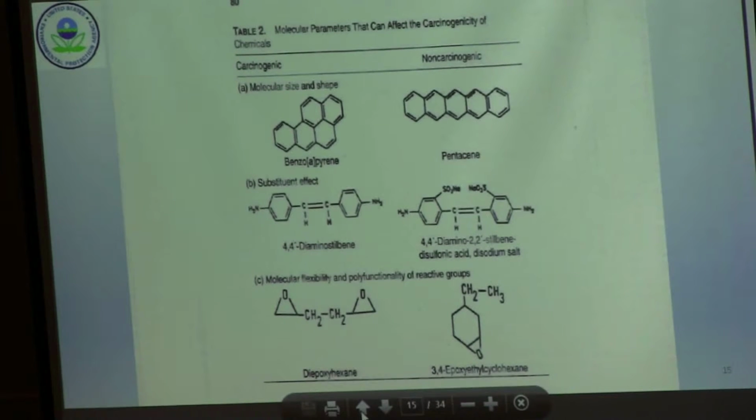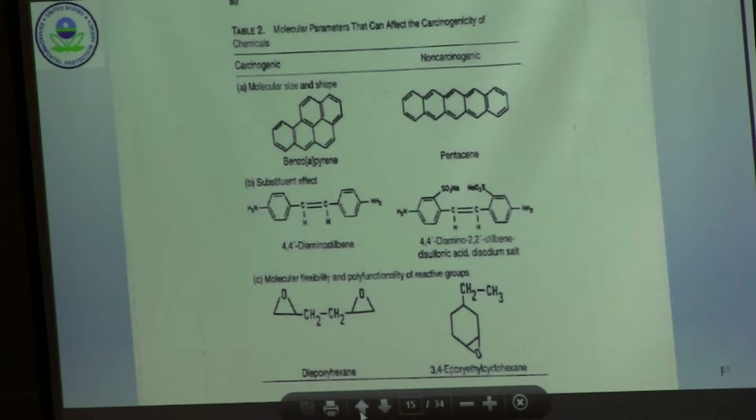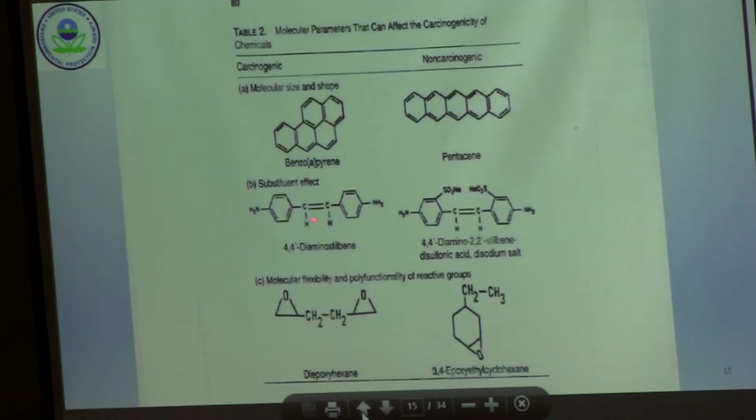So on the left-hand side, this 4,4'-diaminostilbene is carcinogenic, but after introducing a hydrophilic group like a sulfonyl group to the compound, it abolishes the carcinogenicity.